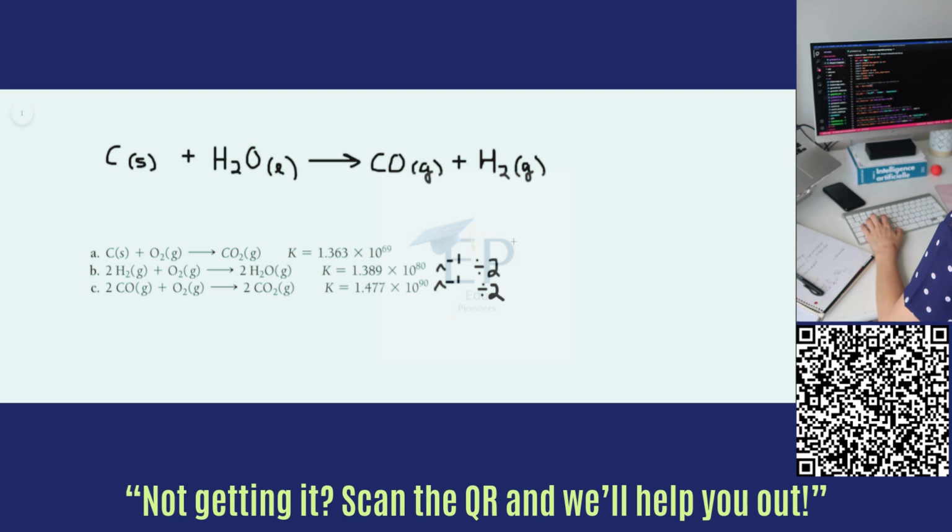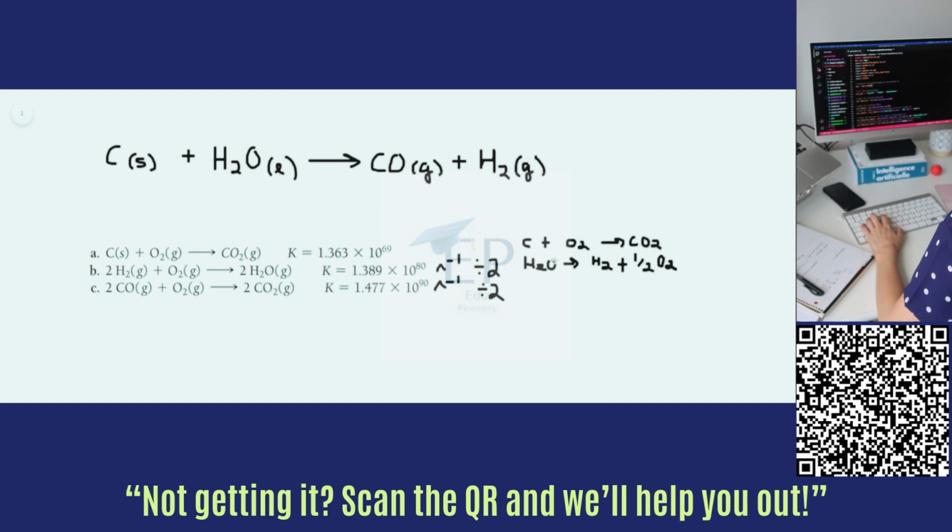So let's write what these half reactions would be then. This is still carbon. I'm going to leave out the states just for space. Carbon goes to CO2. Here I'm flipping and dividing by half. So I have H2O going to H2 and 1/2 O2.